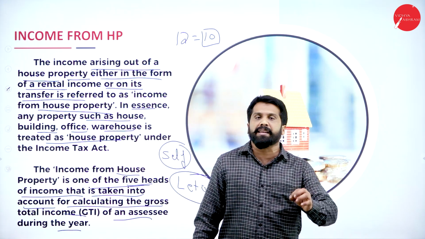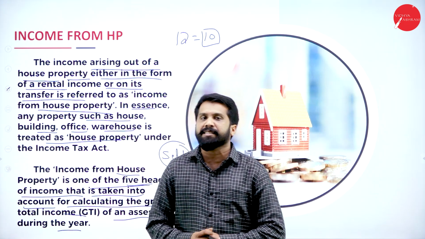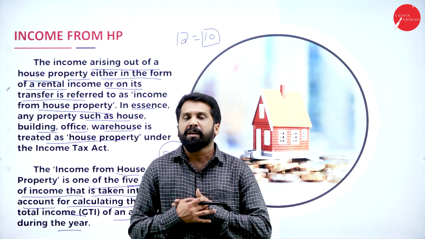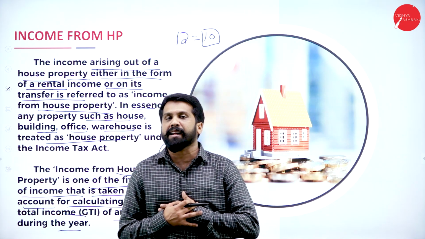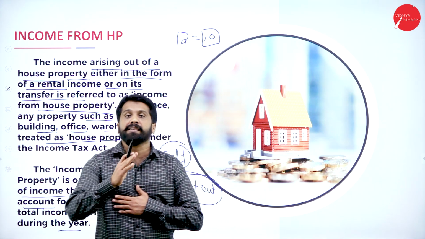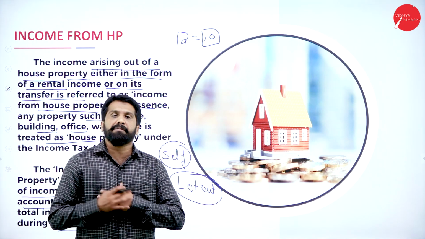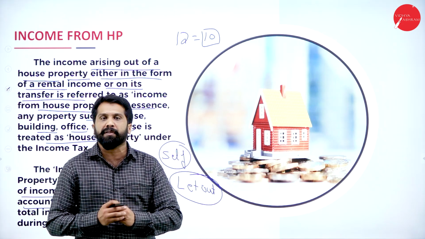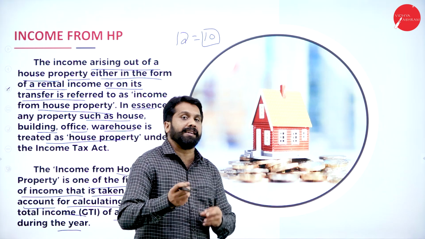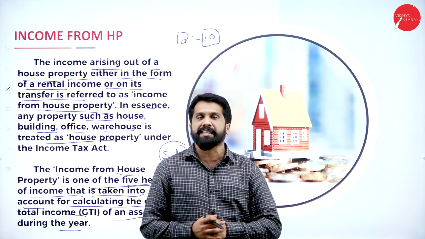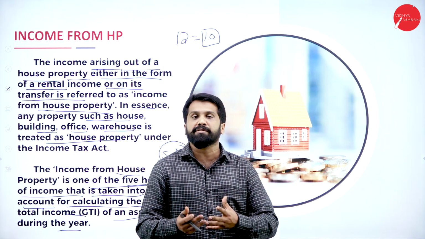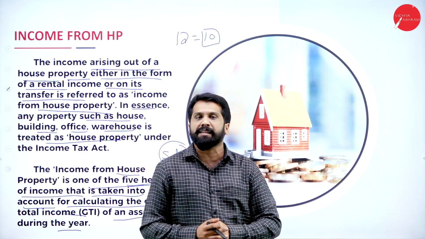So how do you calculate your tax? For example, whatever salary I get, on that alone I am not paying tax. That is not my only income. I have 2 or 3 houses I have given for rent. Whatever rent I have collected is also added to your salary. Whatever asset you have sold is also added to your salary.